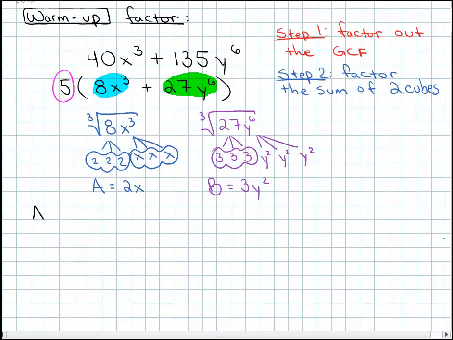When we first started talking about the sum of two cubes, we mentioned that a cubed plus b cubed factors into a plus b times the quantity a squared minus ab plus b squared. And it's pure substitution from here. It's always a plus. Remember I used the acronym SOAP?